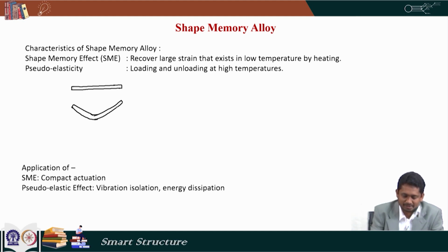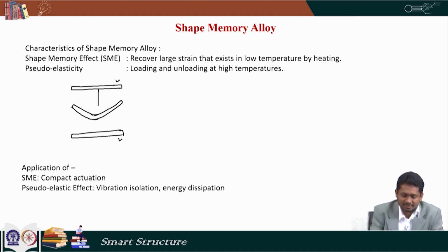So, some deformation remains. So, it is kind of plastic deformation, but if we give heat input to it, if we heat the material, then upon actuation by heat, this material regains its original shape. So, this shape and this shape are same. In the meantime, this shape is different.